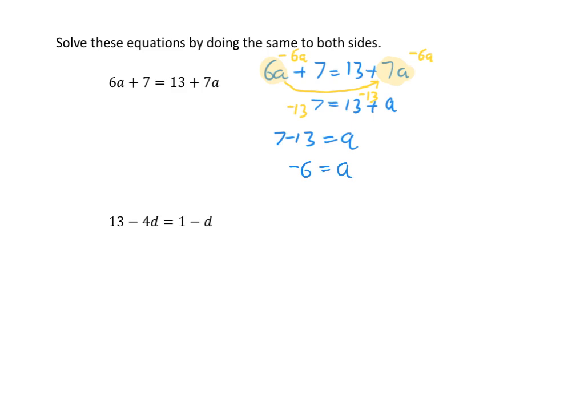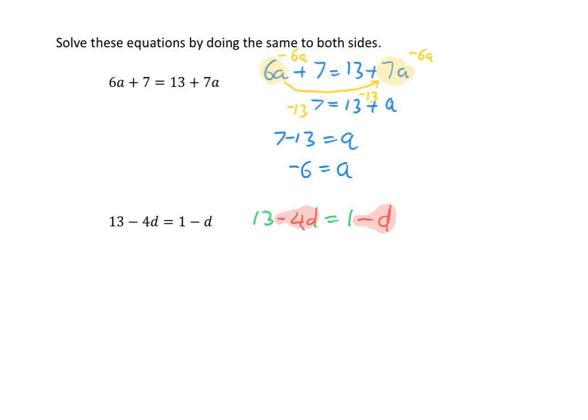Let's have a look at the second example, which is 13 minus 4d is equal to 1 minus d. The first step is to move my unknown variables across onto one side. At the moment I've got negative 4d on one side and negative d on the other side, so I want to move it all over.